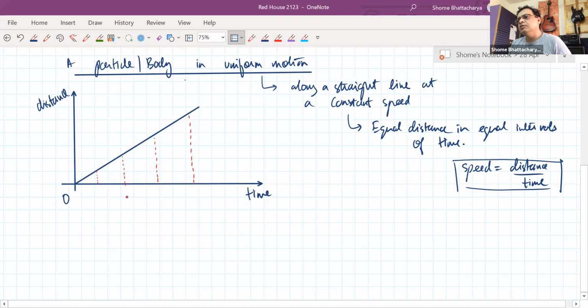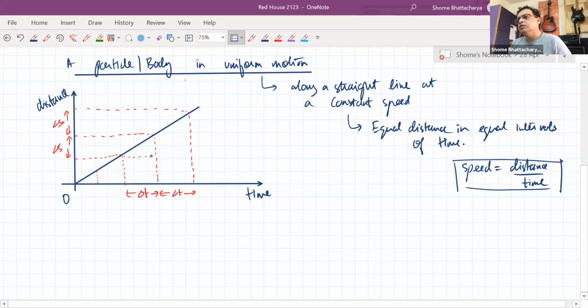If we take any interval of time which is delta t, the symbol used for an interval or for a change in a quantity, we will see that the distance traveled will be same. Why?